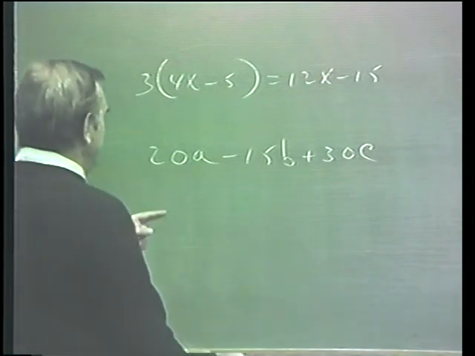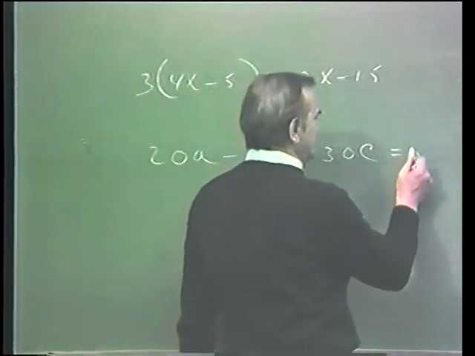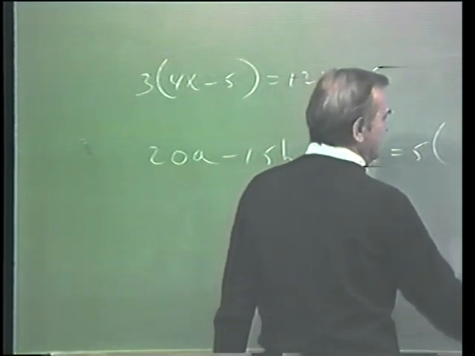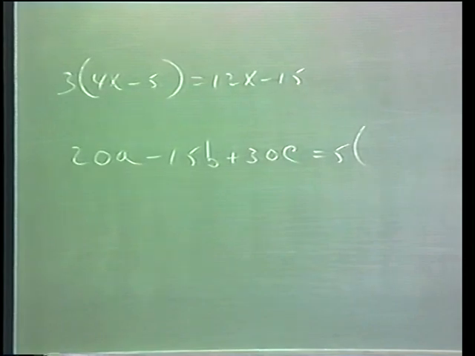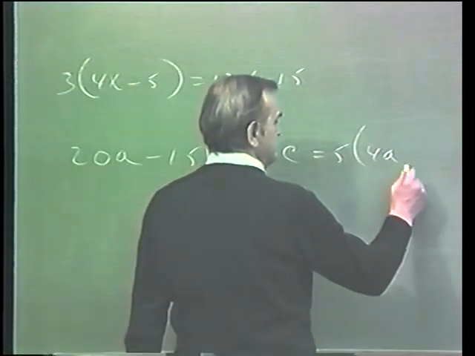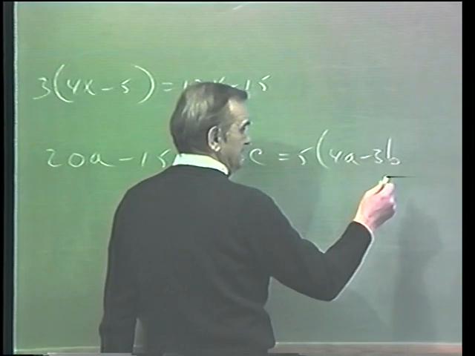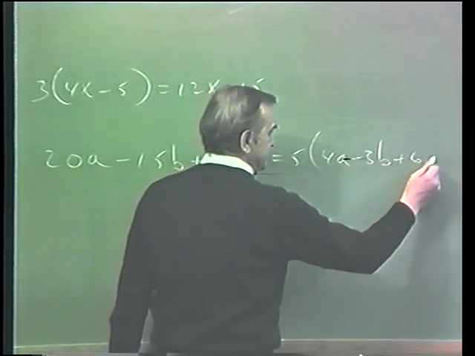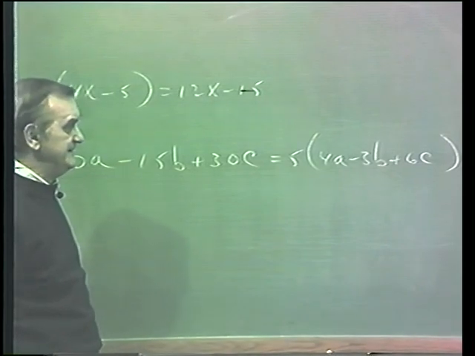Now all these numbers are divisible by 5. So we're going to extract the 5. Kathy, if we extract the 5, what is going inside the parenthesis? 4a minus 3b plus 6c.